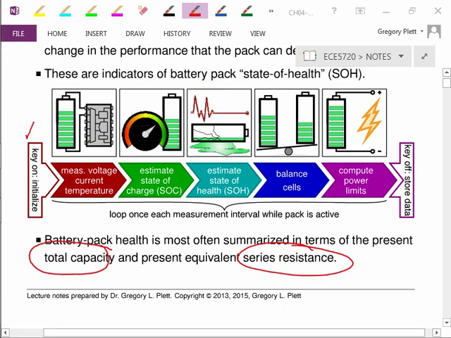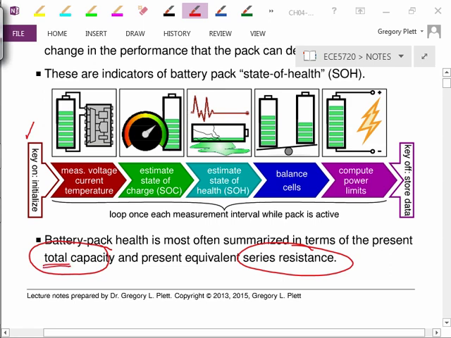There's different ways of talking about what capacity is, and we'll get into that. But we can talk about a total capacity, or a discharge capacity, or a nominal capacity, or a residual capacity. All of these are different capacities, but the one that's really changing in a fundamental sense that we want to be able to estimate is the total capacity of the battery cell.